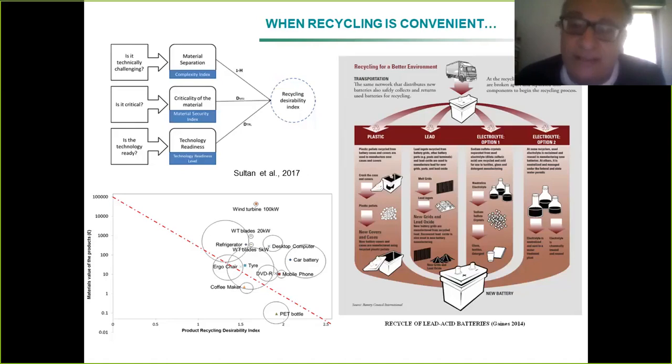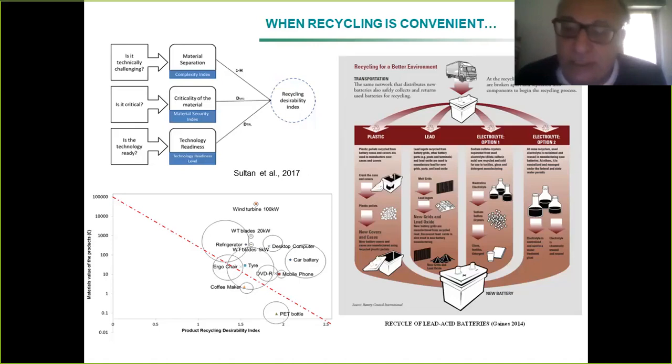This is a good case because in a sense, the battery for a car is a good case, because apart from some contamination, plastic that can be, for example, contaminated with lead because of the contact they have for possibly a long time, the materials are clearly separated: plastic, lead, and electrolytes in different ways.